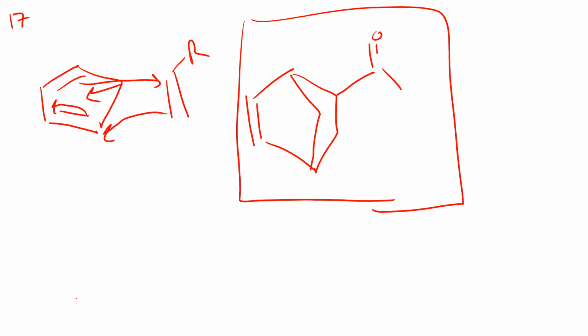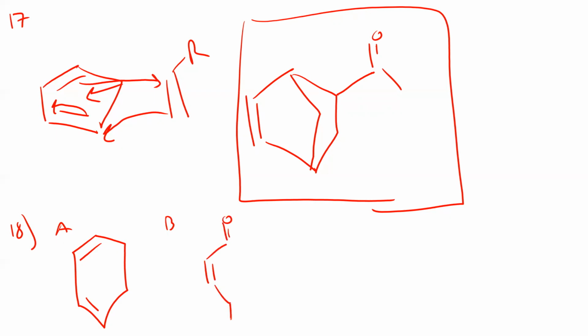18, we can put 18 on the same slide. They want the retrosynthesis. It looks exactly like this. So we have a reactant A. And a reactant B. And that's all I want.